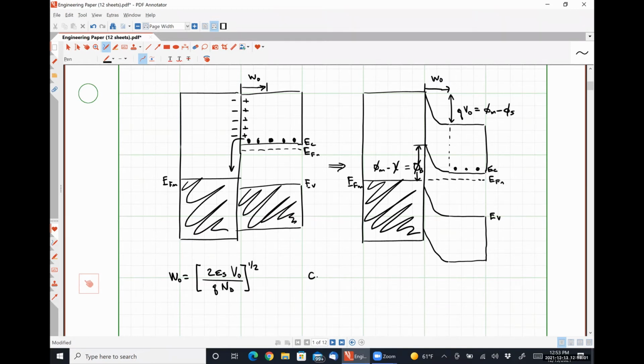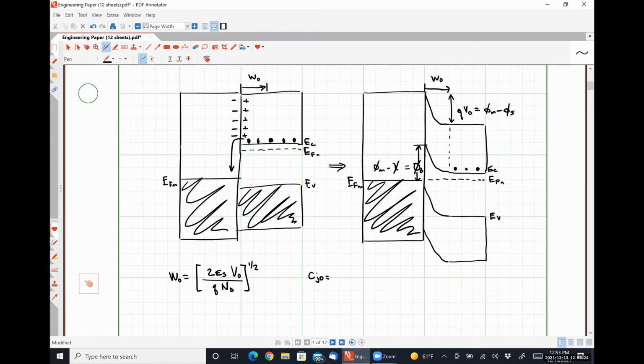And since we have stored charge, we have a depletion capacitance. Yes. So when we started the problem, you mentioned it was an N-type semiconductor. If it was a P-type, would it be Na? Absolutely. Yeah. It's the dopant concentration. Yep.